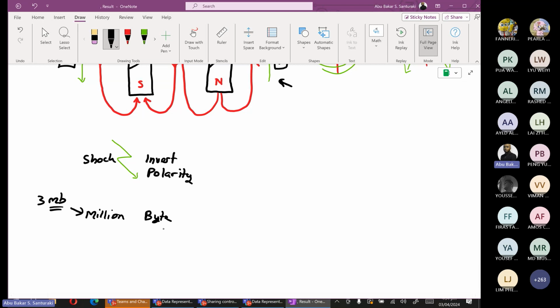We all know what million means. Byte means 8 bits. Each single bit will be represented by one magnet, one magnetic dot.